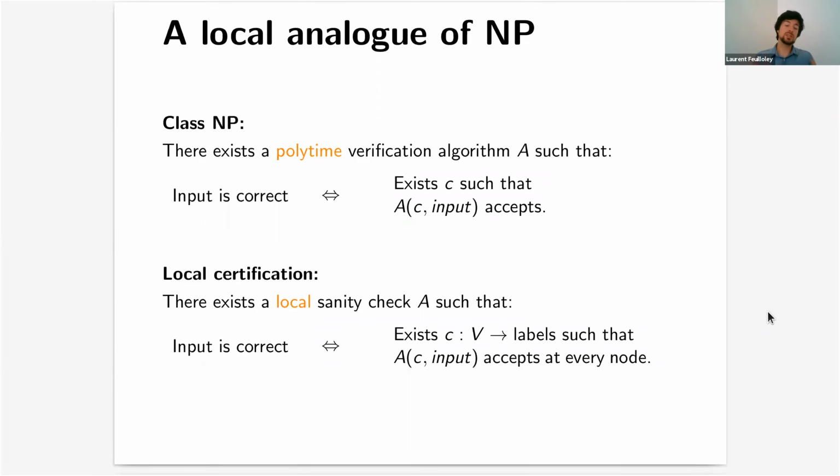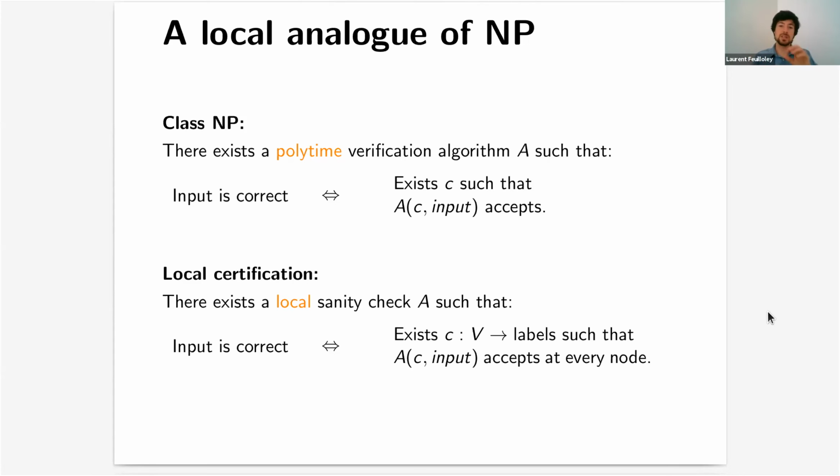And now local certification, I've defined it with this yes and no condition, but I can define it in a more compact way, in the following way. I will say that there is local certification if there exists a local sanity check A such that for every input, so every configuration, the input is correct if and only if there exists a certificate assignment, so a function from the nodes to the labels, a way to label the nodes, such that the sanity check accepts at every node.